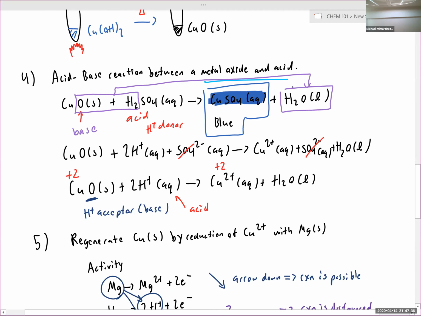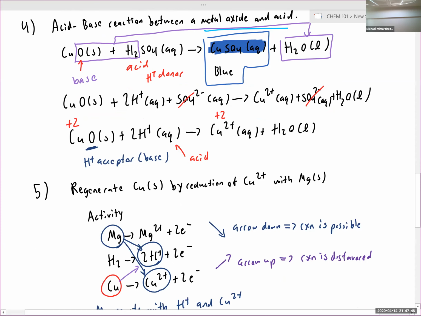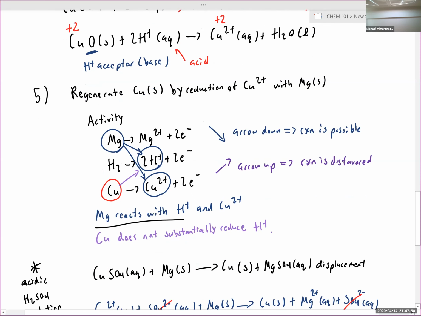So that's why I would consider this an acid-base reaction. So we have floating around in solution now our copper 2+. And we're next going to take our copper 2+, and we're going to regenerate our copper solid by reduction of copper 2+ with magnesium.